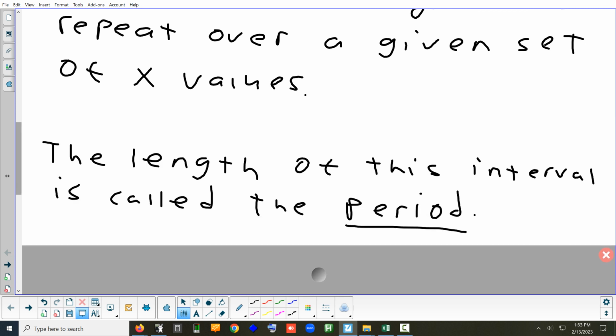So I told you there was a name for that interval. Like I called it a section. It's not really called a section. The amount of distance you have to travel before that graph is going to repeat, that's called the period of the graph.